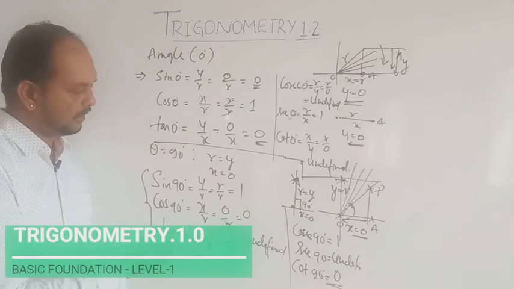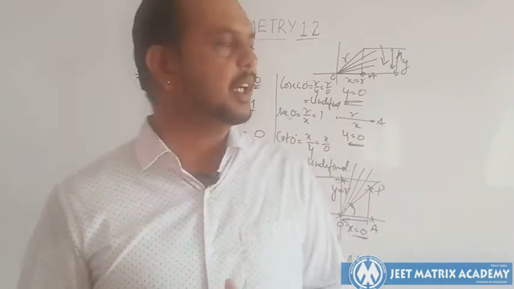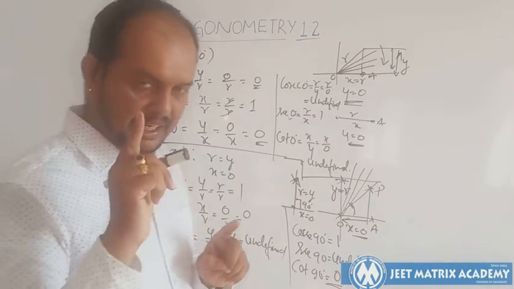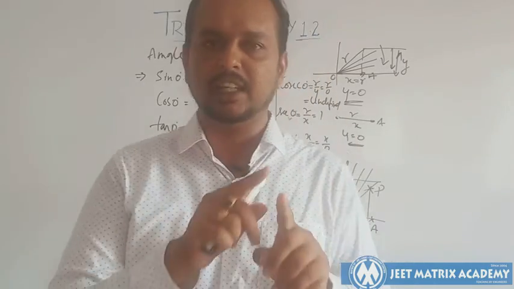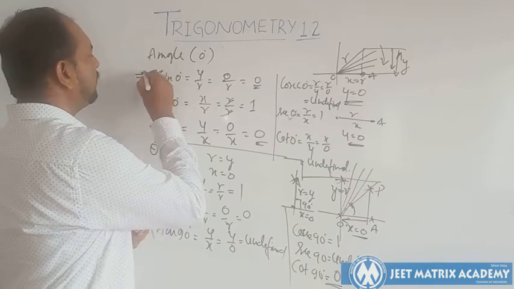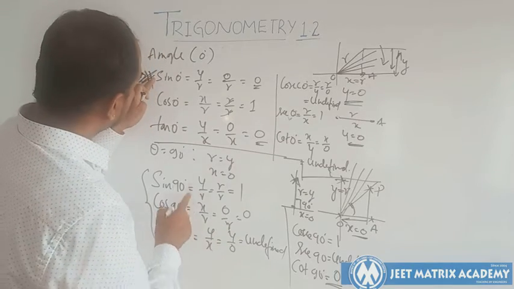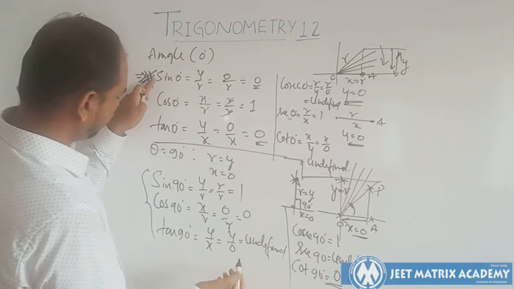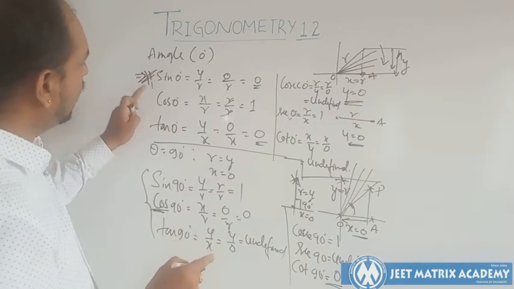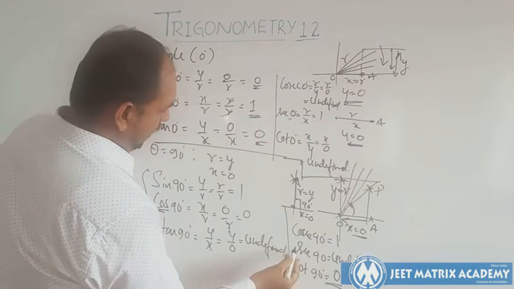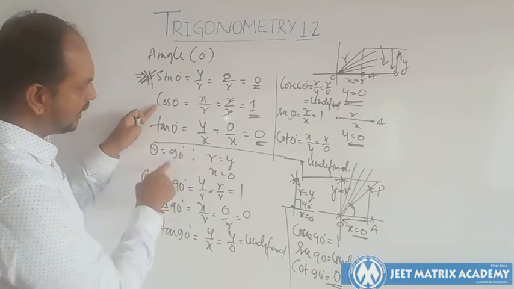This is how you are supposed to do it. This is the standard way of writing the angles, and some relation you may create and try to remember. How can you remember this? It is very easy. Only remember sin 0 is 0. So if sin 0 is 0, cos 0 is 1. These two relations you remember. Then sin 90 is 1, cos 90 is 0.